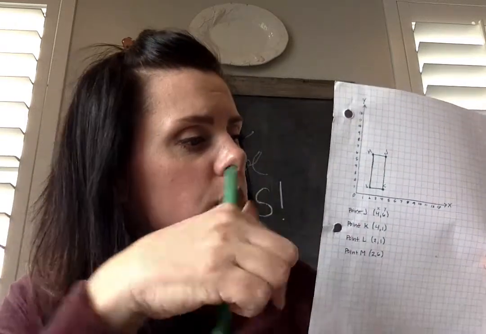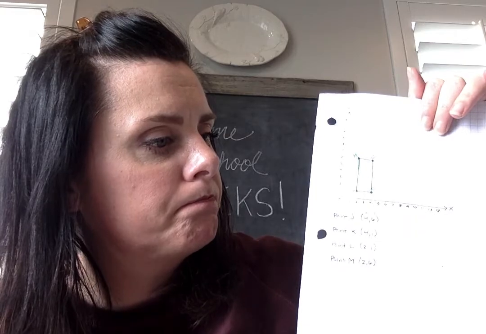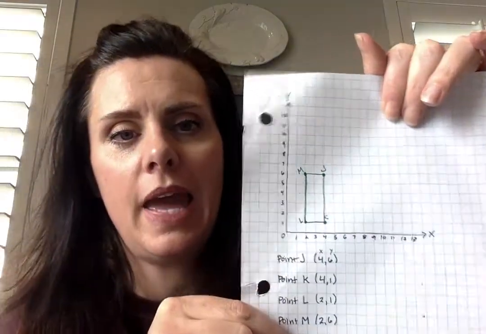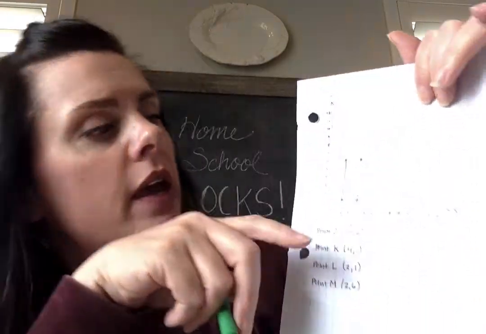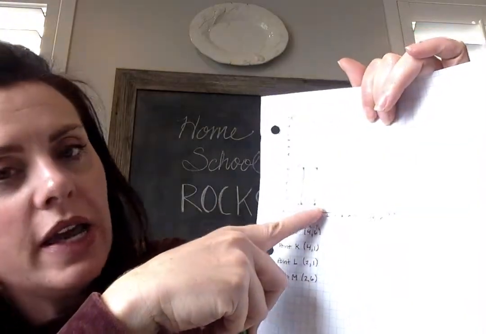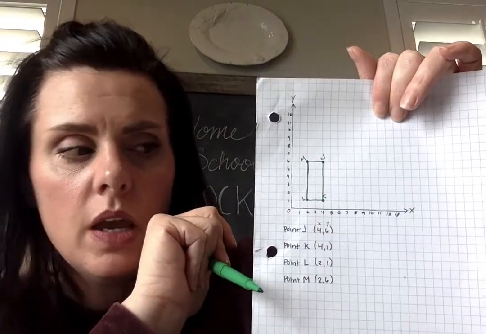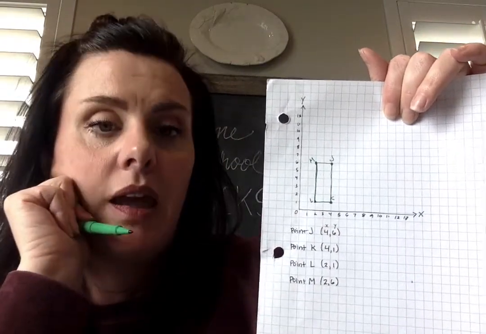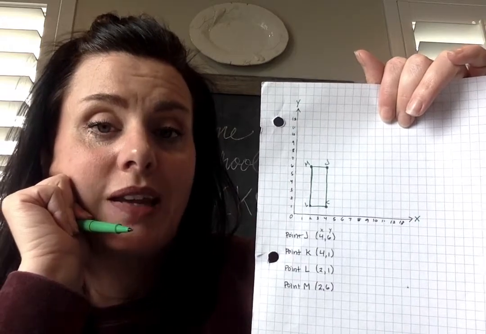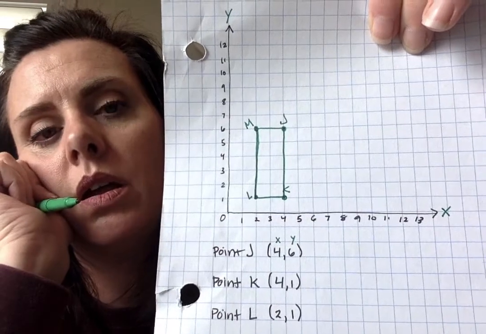All right, the first one that I want to talk about is JK. So J is right here, K is right here. This is called a line, right? That makes sense. And what we want to know is the length between J and K. I'm going to hold this up pretty close for you to see.